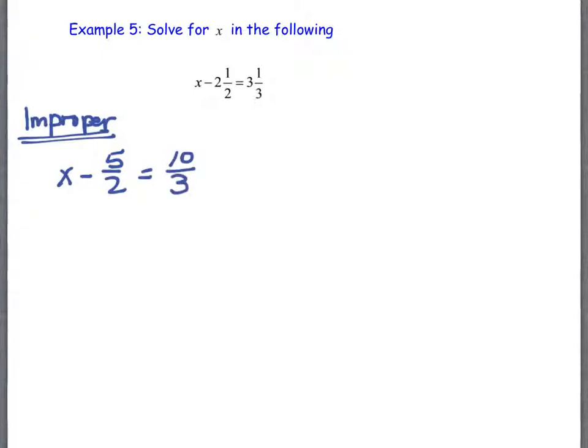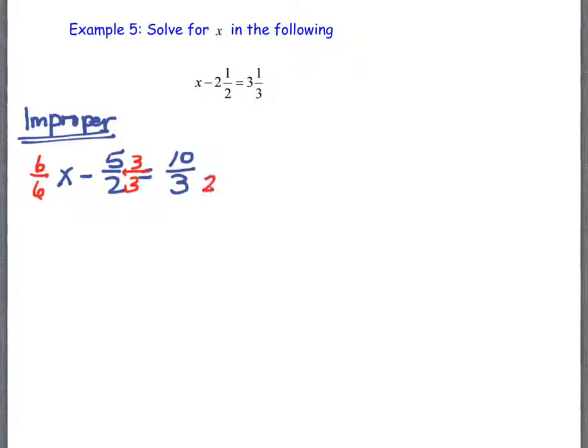Now, you can deal with either getting rid of the fractions entirely or simply getting common denominators. What would the common denominator be between 2 and 3? 6. Right? And you might even get a common denominator on the left-hand side and the right-hand side or something like that. We're going to do it all at once. We're going to multiply each of these numbers to get it to be 6. This is 3 and 3.